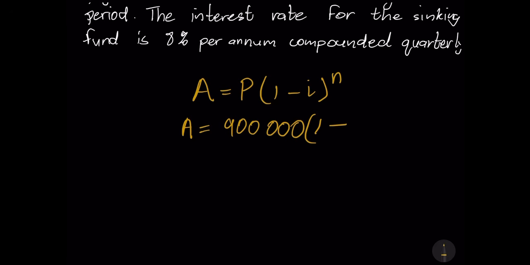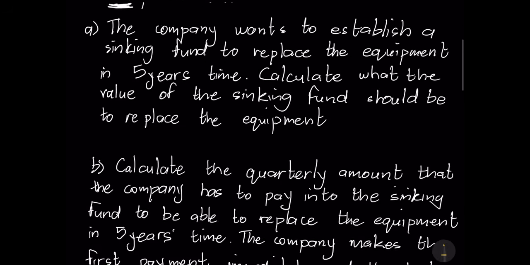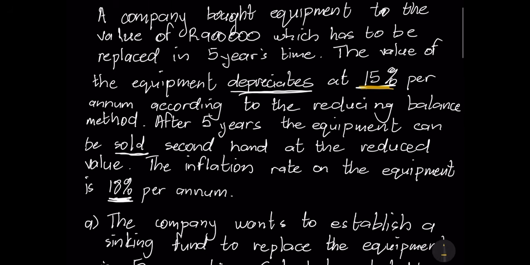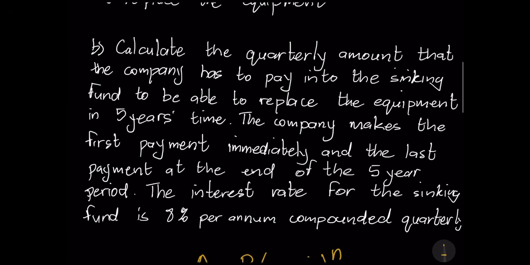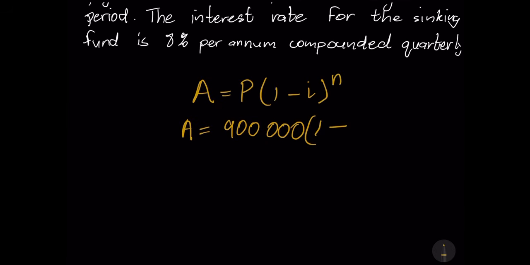Remember, they did say that the depreciation is at 15% per annum. So in this case, it means that we will say 15 divided by 100. You remember that percentage, we divide that by 100, so that will give us 0.15.